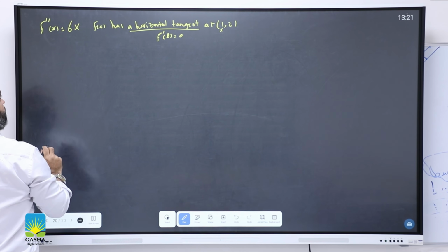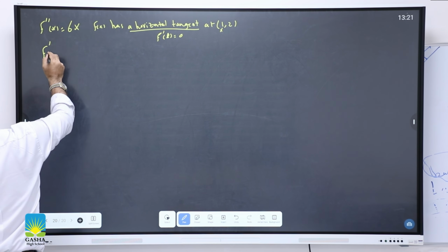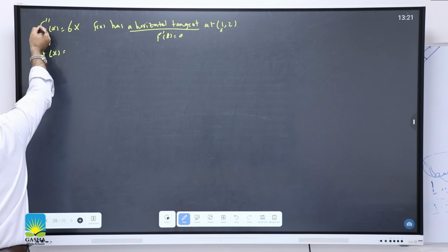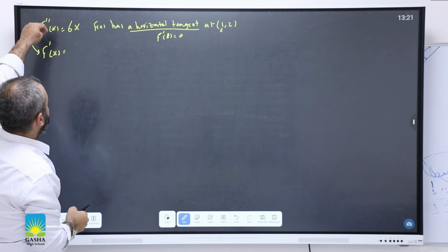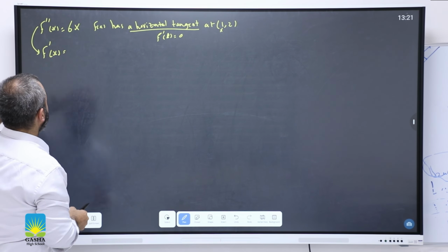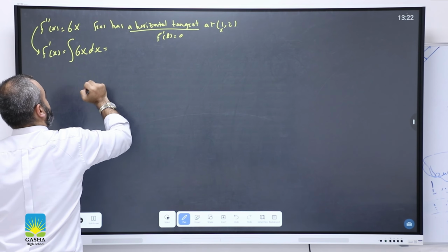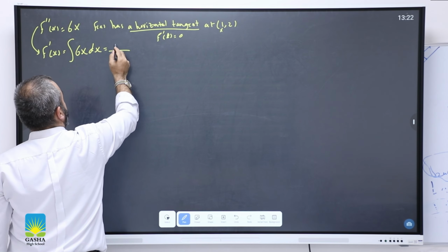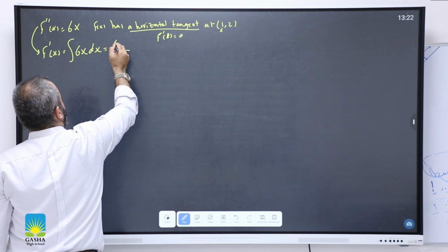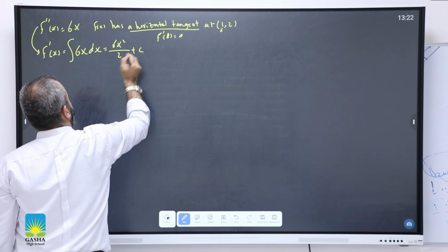So take the integral of f double prime of x. If we take the integral, we remove one prime here. So integral of 6x dx. What is the integral of 6x? It's 6x squared over 2 plus c.